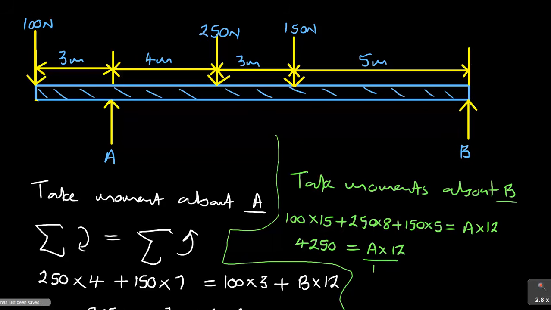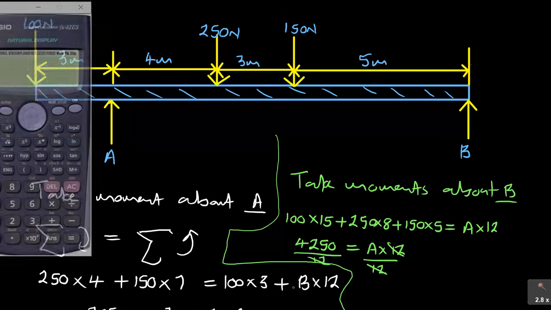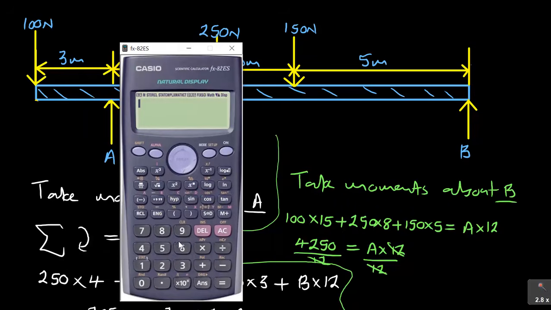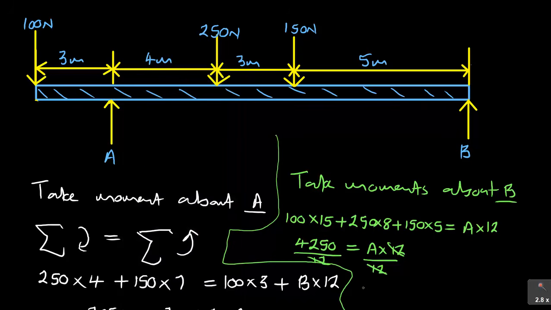Then I divide by 12 on both sides so that I can get my A. So when you divide 4250 divided by 12, it gives me 354.16, which is 354.17. So I've got 354.17 is equal to my A. Remember, it is in newtons.